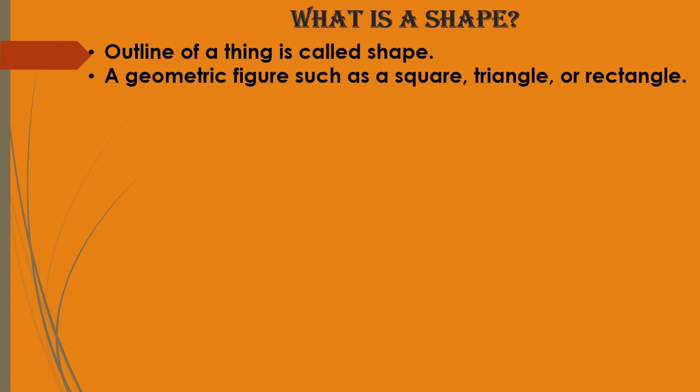For example, if I'm going to draw something here, like I have drawn a triangle. How do you come to know that this is a triangle? Because you look at the outline of this shape, and this shape is given a name that is called triangle.